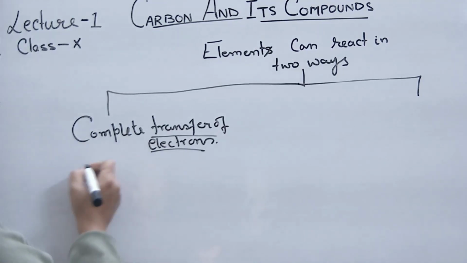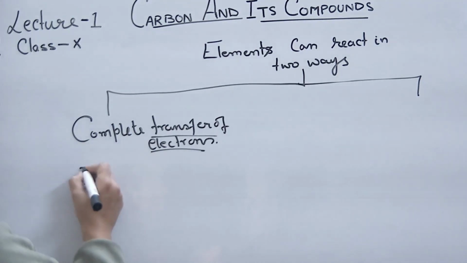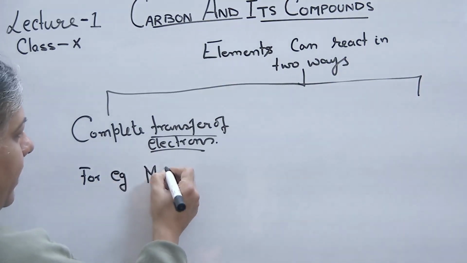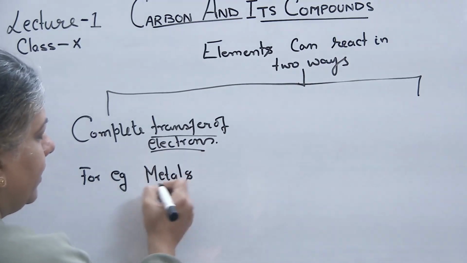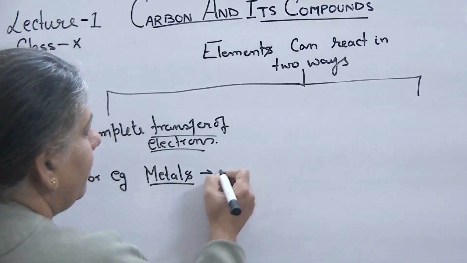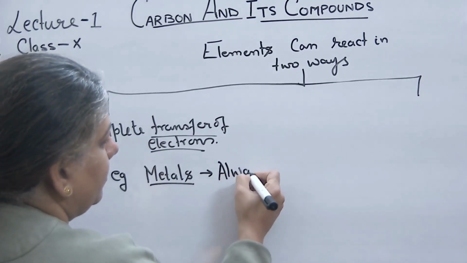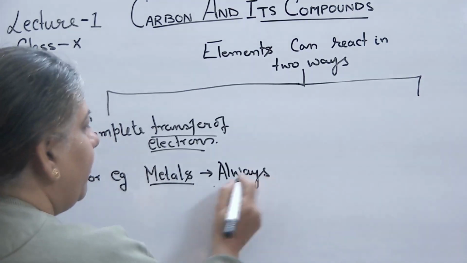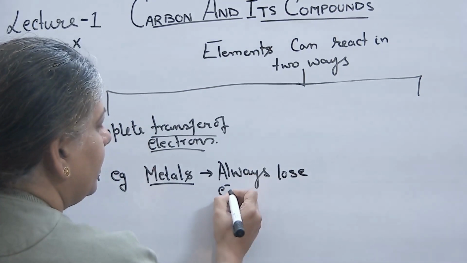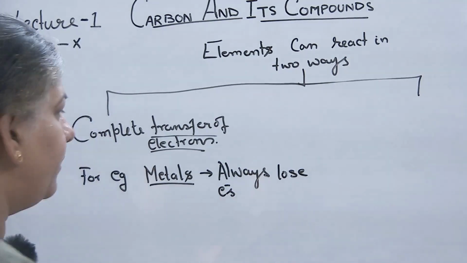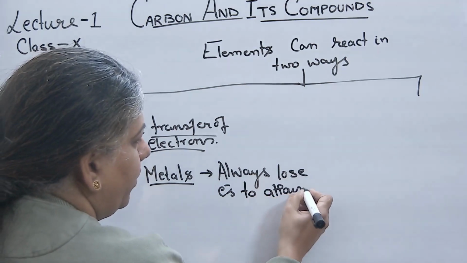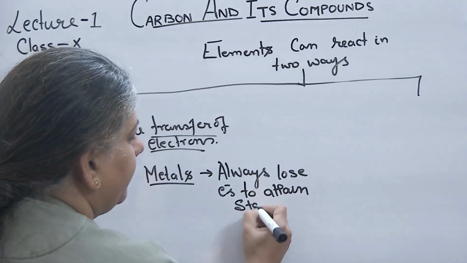See, for example, if we take metals, so metals are those substances which lose electrons. So metals always lose electrons, or they give up their electrons, to attain noble gas configuration, or you can write, to attain stability.